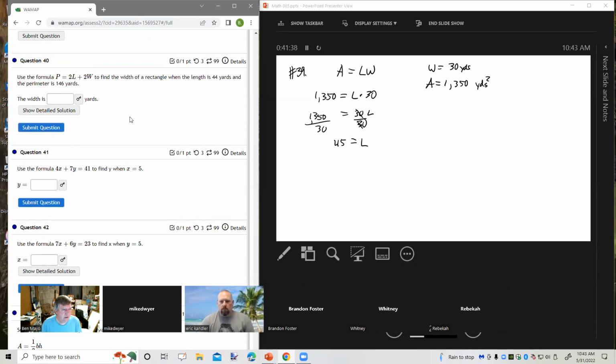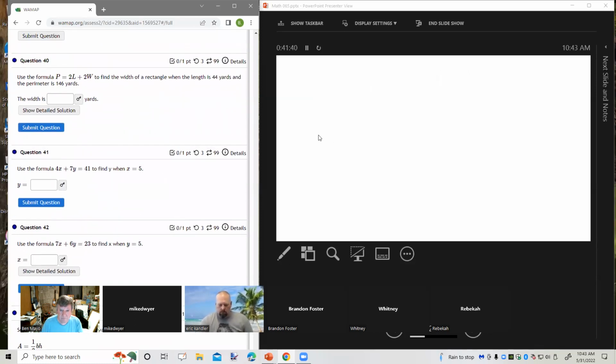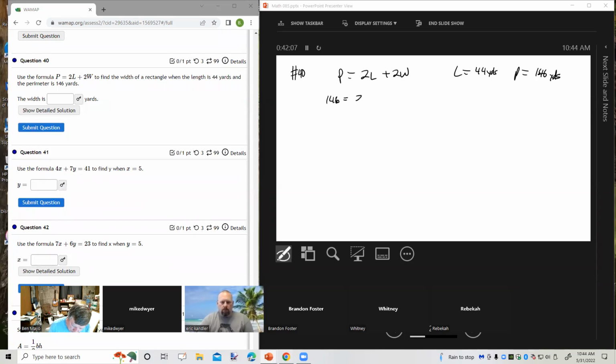All right, let's take a look at number 40. Use the formula P equals 2L plus 2W to find the width of a rectangle when the length is 44 yards and the perimeter is 146 yards. So we've got 146 equals 2 times 44 plus 2W.